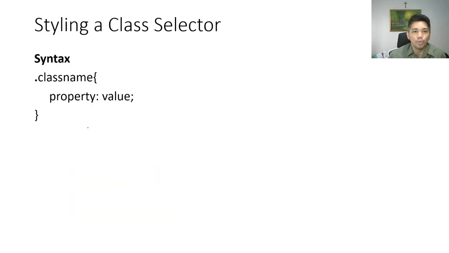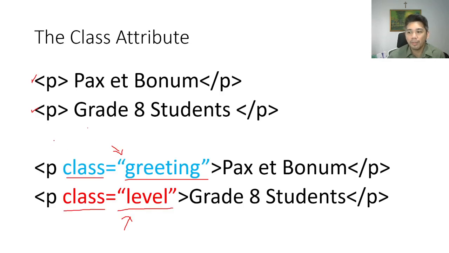So let's take a look on how CSS will be able to stylize a class selector. Now we are going to talk about a class selector. Earlier, we talked about the class as an attribute. Remember, the attribute is a property of the tag. Now we are going to talk about the class selector. When we say selector, we are talking about CSS.